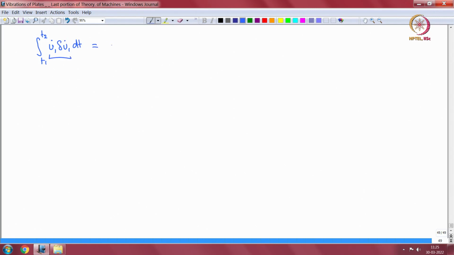So that is equal to u1 dot delta u1 between times t1 and t2 minus integral from t1 to t2, the derivative is transferred, delta u1 dt.